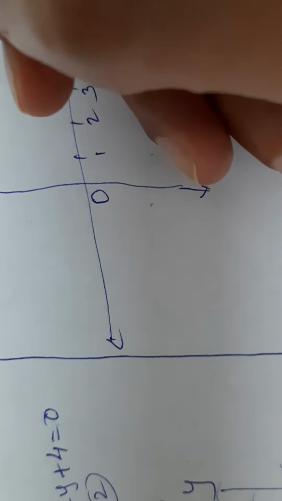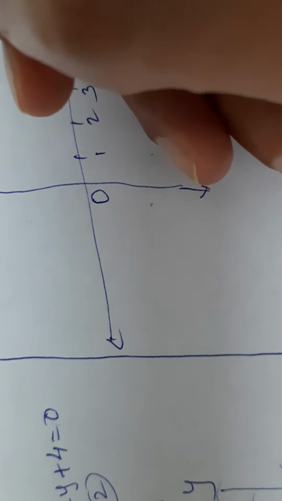We will get standard forms, that is a1x plus b1y plus c1 equal to 0 and a2x plus b2y plus c2 equal to 0.